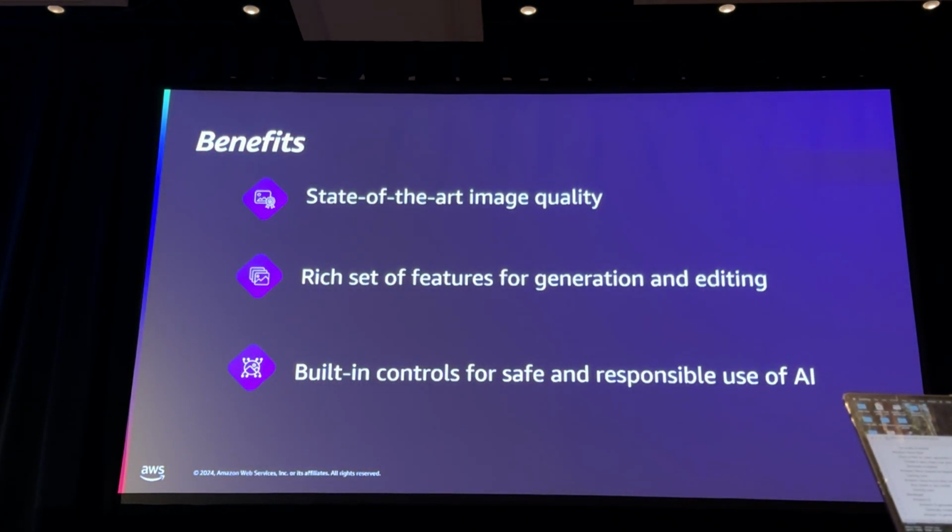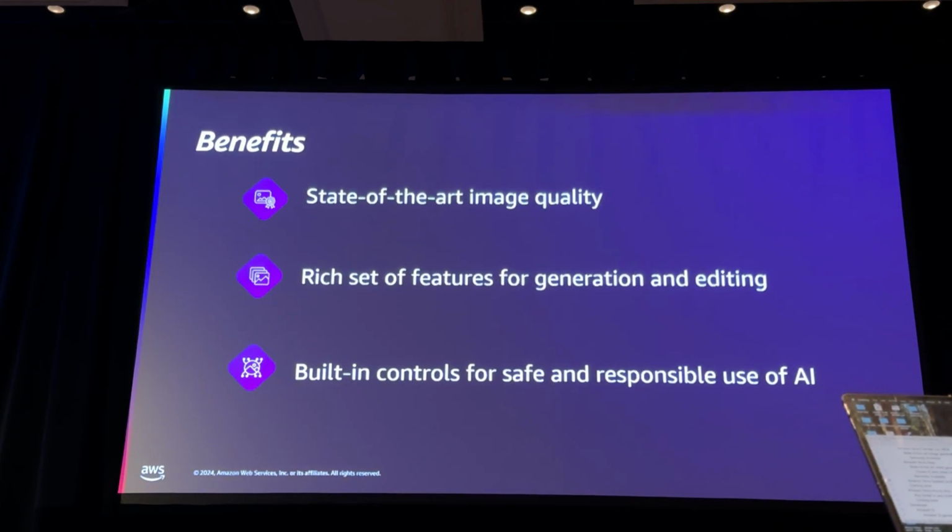Diving deeper into the key benefits, the top 3 benefits of this model are, first, state-of-the-art image quality, which I'm going to dive deeper into with the benchmarks that we have published, evaluated on automated benchmarks as well as human evaluation. The second is the rich set of features for both generation and editing.